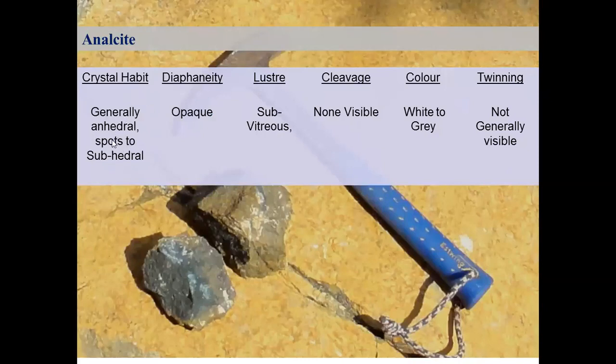So anhedral spots to subhedral, opaque, subvitreous when we've got enough of it. Can't see any cleavage, can't see any twinning, and it's this white to grey colour. Right, so those are the felspathoids.